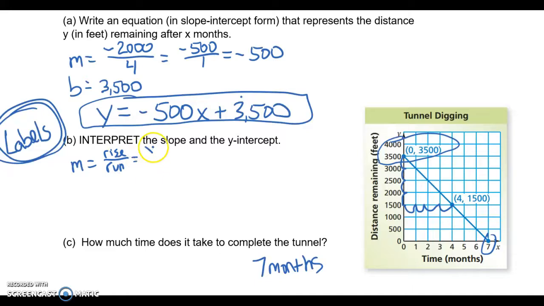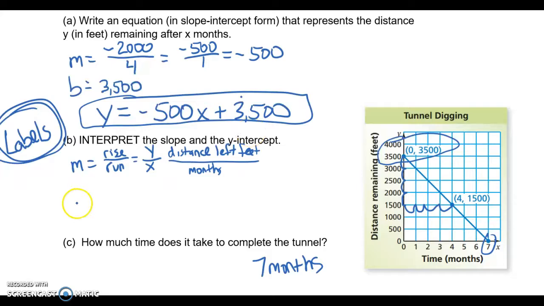Slope we've also talked about: the rise is the Y label, the run is the X label. The Y label is distance left, I'm going to say left instead of remaining, in feet. And the X label is months, or time in months. So those are all our labels.